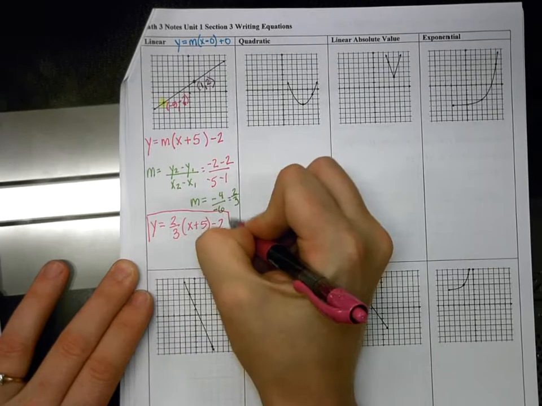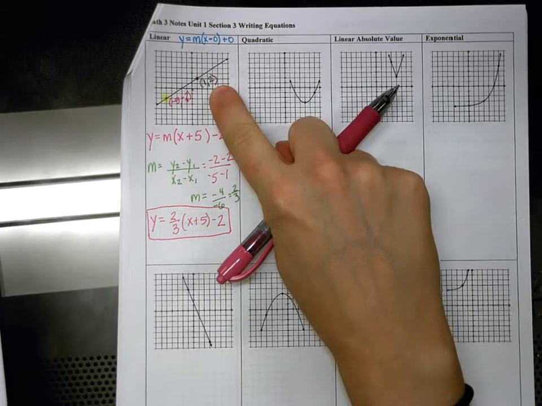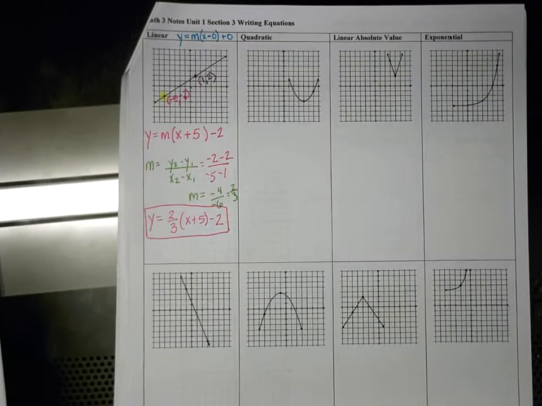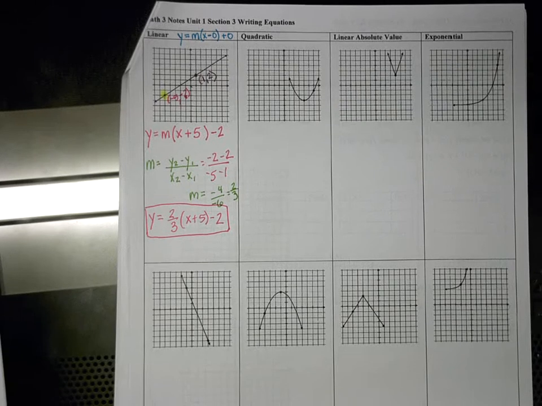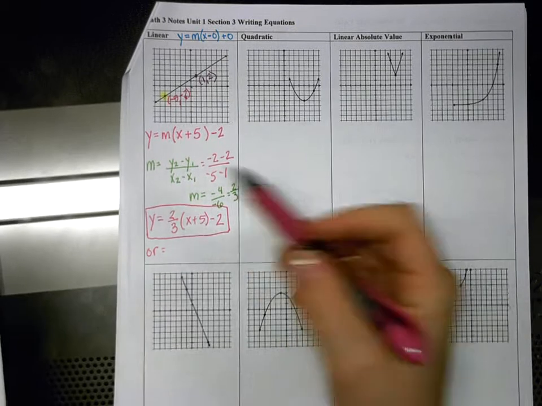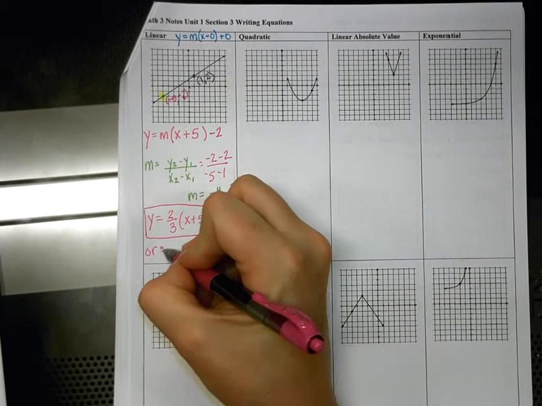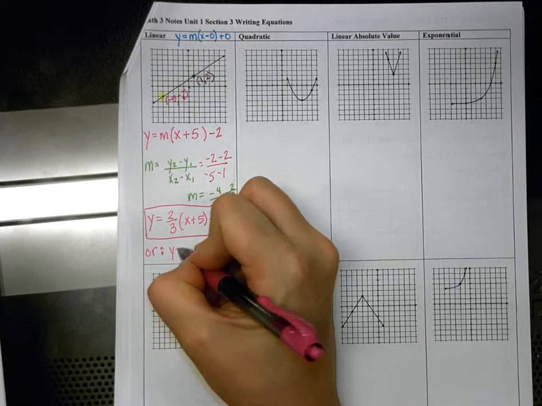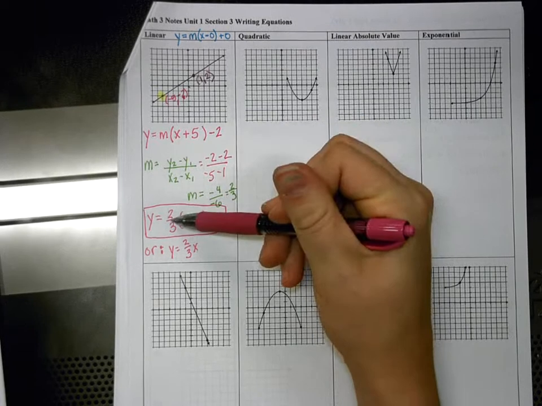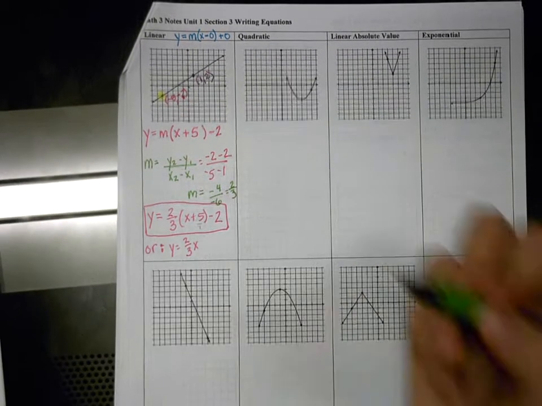Now, if you chose to use the other point as your starting point, your equation would look different, but they simplify to the same slope-intercept form. So you could also simplify this, and if I were to distribute the 2/3, I would get y equals 2/3 x. 2/3 times 5, I would multiply it as 5 over 1.